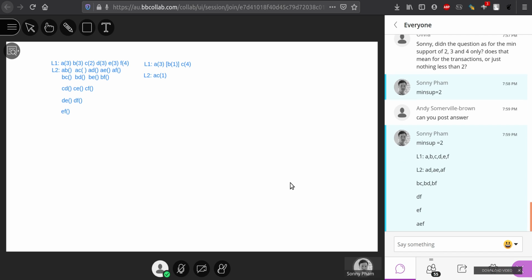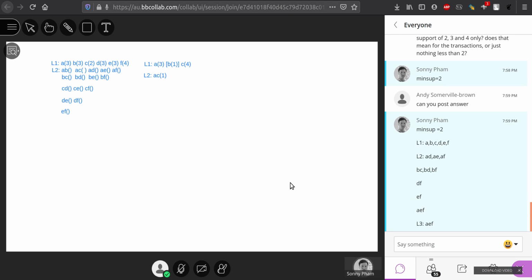I purposely split them into different lines, because the last one should be L3, not L2. Sorry, my mistake there. I split them in different lines because it's easier to see the combinations of items. If you have this answer, then you're on the right track.